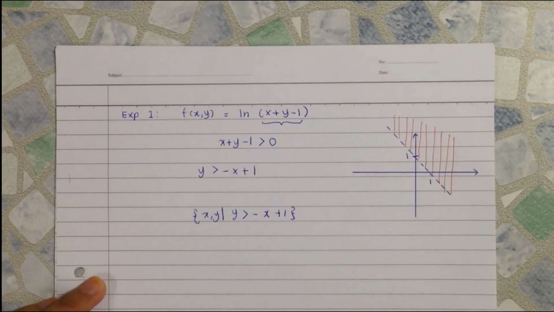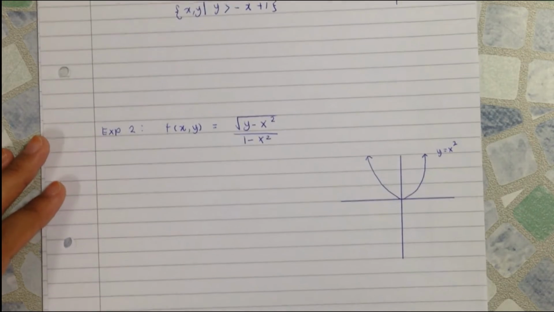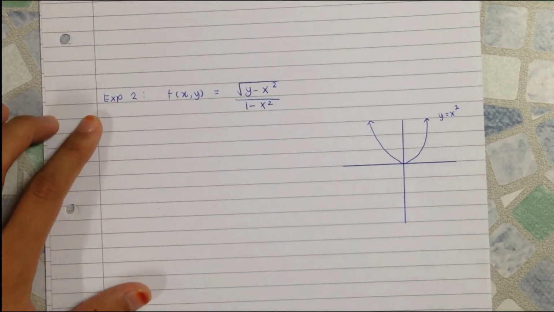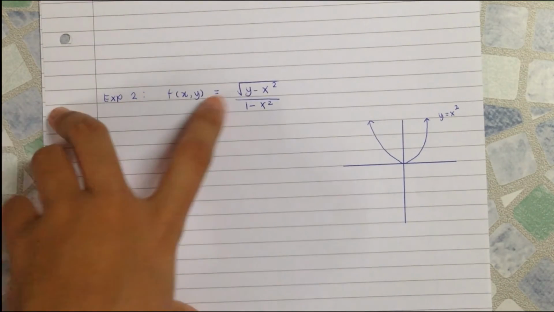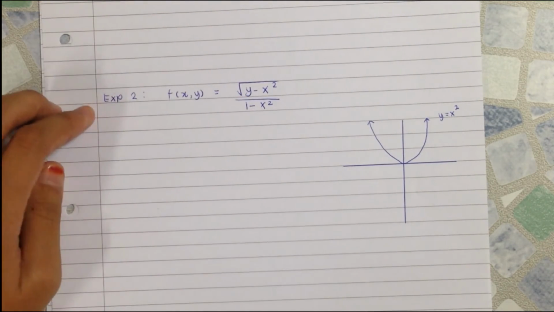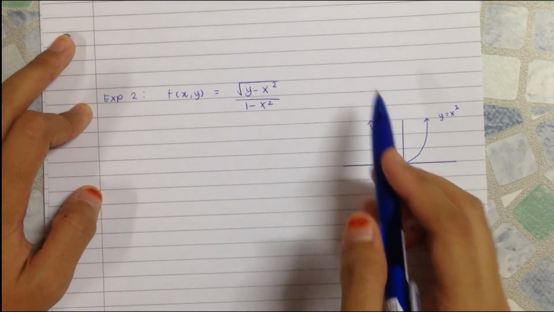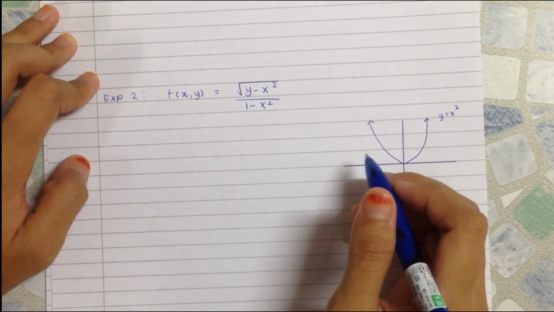So the next example is this. The question is square root of y minus x squared over 1 minus x squared. So we know the stuff under the square root has to be greater than or equal to 0.